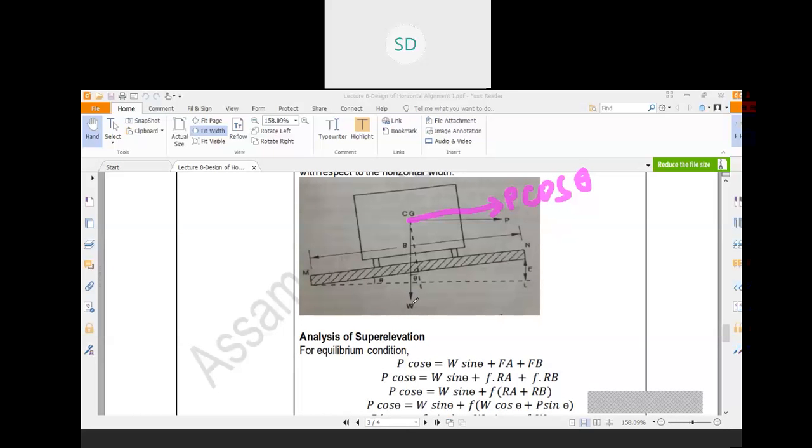Similarly for W, two components would be there: W cos theta, and in the other direction, W sin theta.